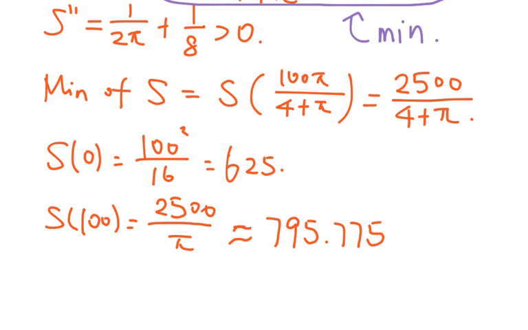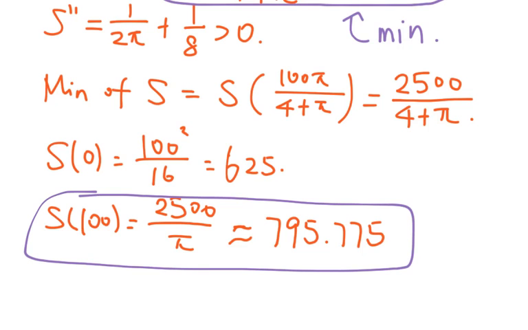If we simplify it, this is approximately 795.775. And we can see when x is equal to 100, the resulting combined area of the circle and the square is greater than the combined area when x equals 0. So this will be our maximum, that is when x equals 100. Basically, that means we're using the entire wire to make the circle instead of the square.